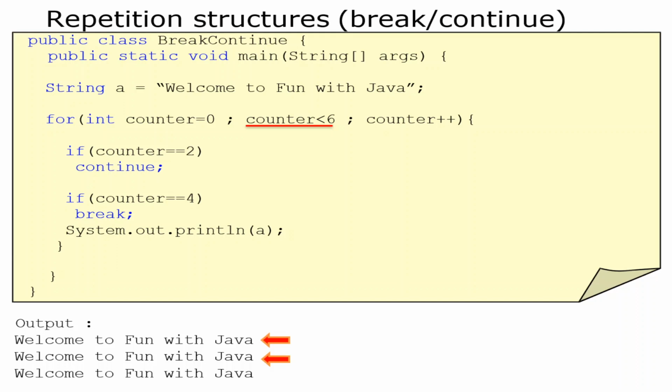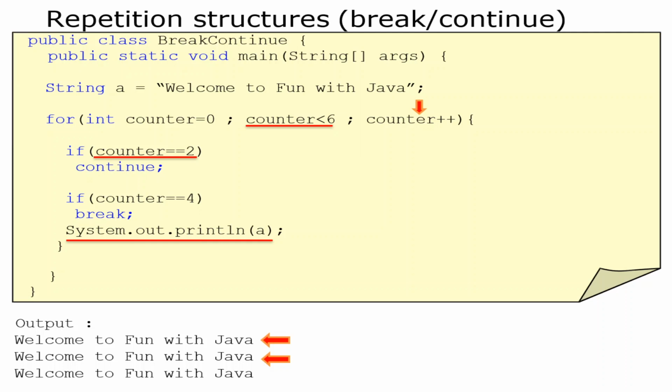Now our counter is 2. Let's see, if counter is equal to 2, continue. What does it mean? It means when counter is 2, it breaks out of this iteration. It won't execute this print statement, and directly it proceeds to the counter plus plus and continues the loop if the condition is true.